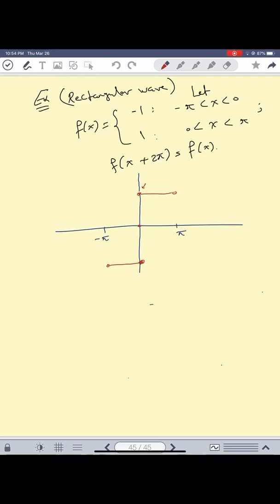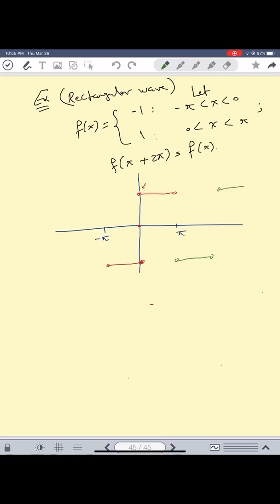Okay, so this is our function. Usually this function in communication is called rectangular. Why is it called rectangular? Because this is like the basic block between -pi and pi. But then if you extend it periodically, you just copy what you have and paste, right?